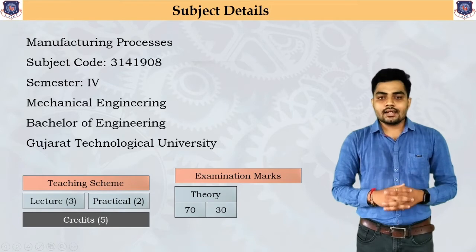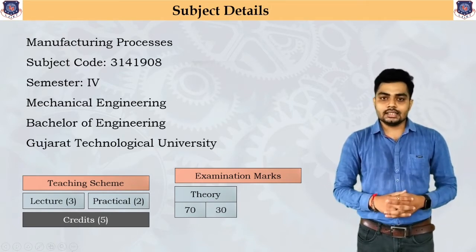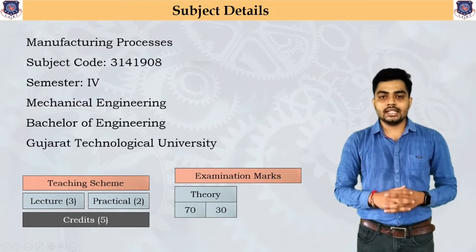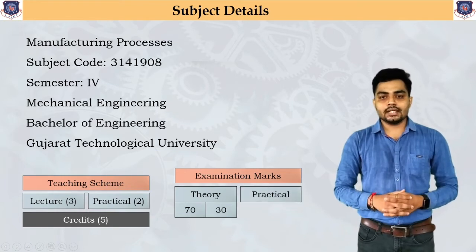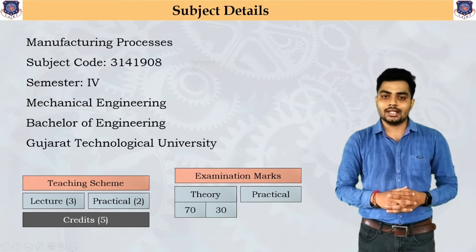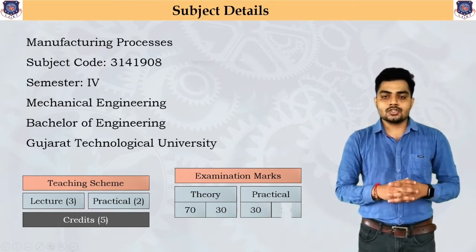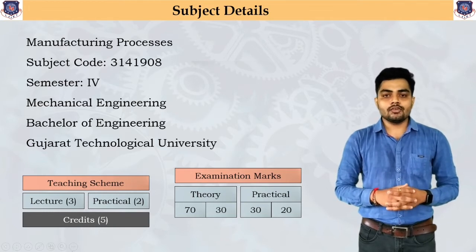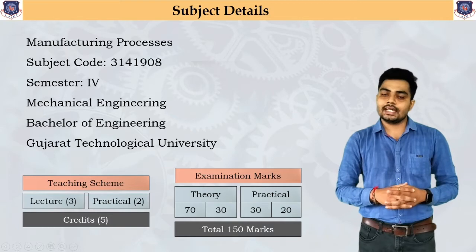In this, 70 marks are for external examination and 30 marks are for internal examination. From the practical point of view, the external section, or viva, consists of 30 marks and another 20 marks are given based on the assignments. That is how a total of 150 marks are given in the Gujarat Technological University examination.